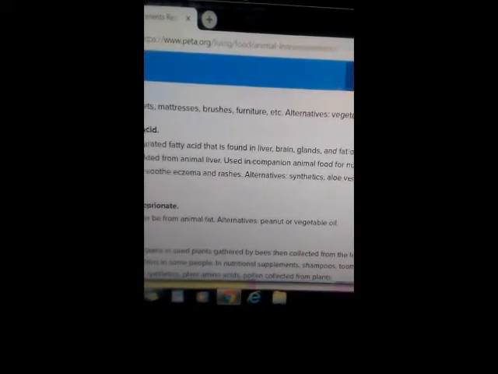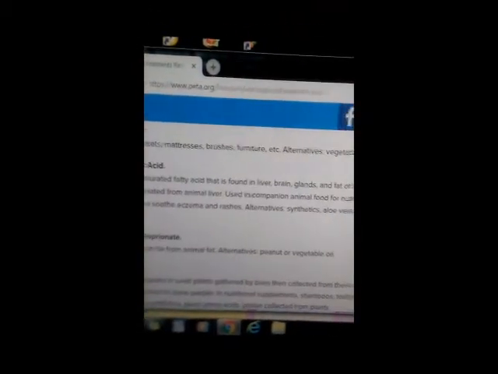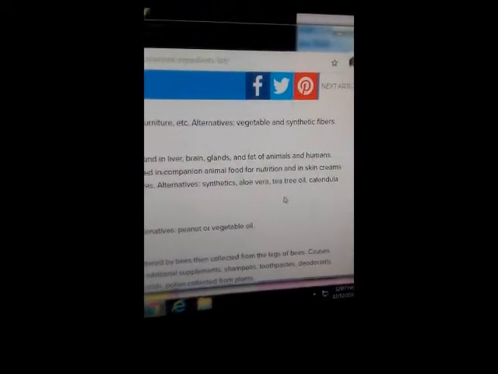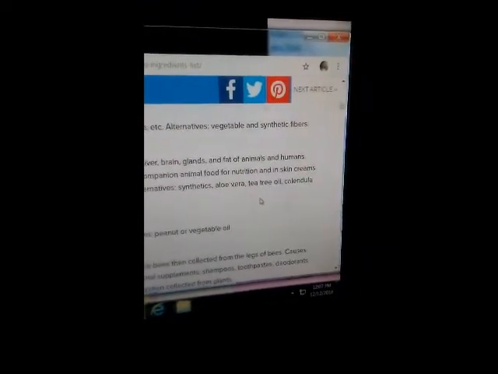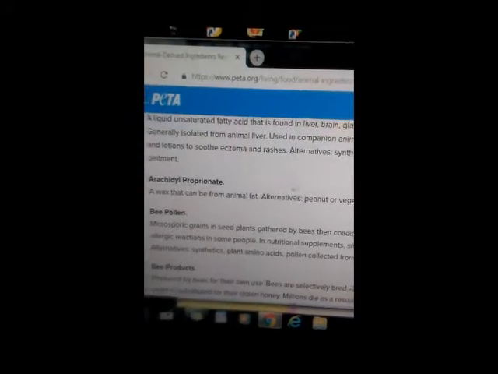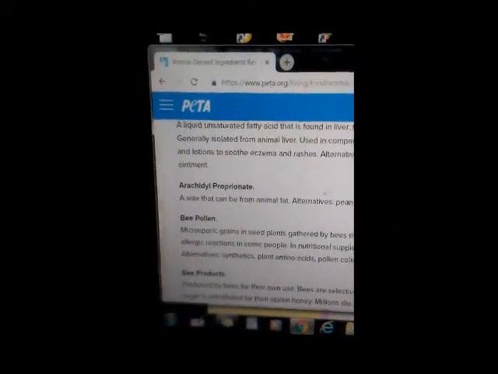Used in companion animal food for nutrition and in skin creams and lotions to soothe eczema and rashes. Alternatives, I wouldn't recommend synthetics, but there's aloe, tea tree oil, calendula ointment. Be careful with aloe too, because they've been tampering with aloe for a long time. People are having allergy issues with aloe and may not know it.